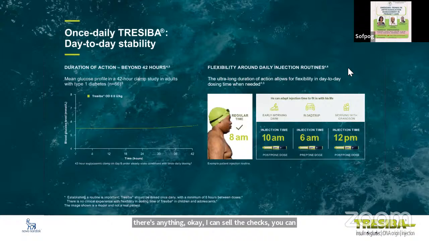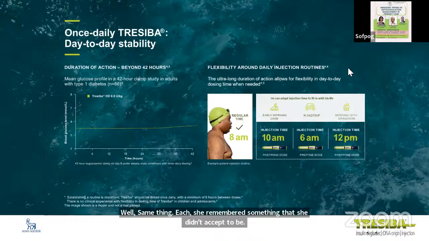Another flexibility is when you miss a dose. Say a patient starts injecting every day and she remembers on Sunday that she didn't inject on Saturday. What does she do? Does she wait and inject Sunday night, or does she just continue?